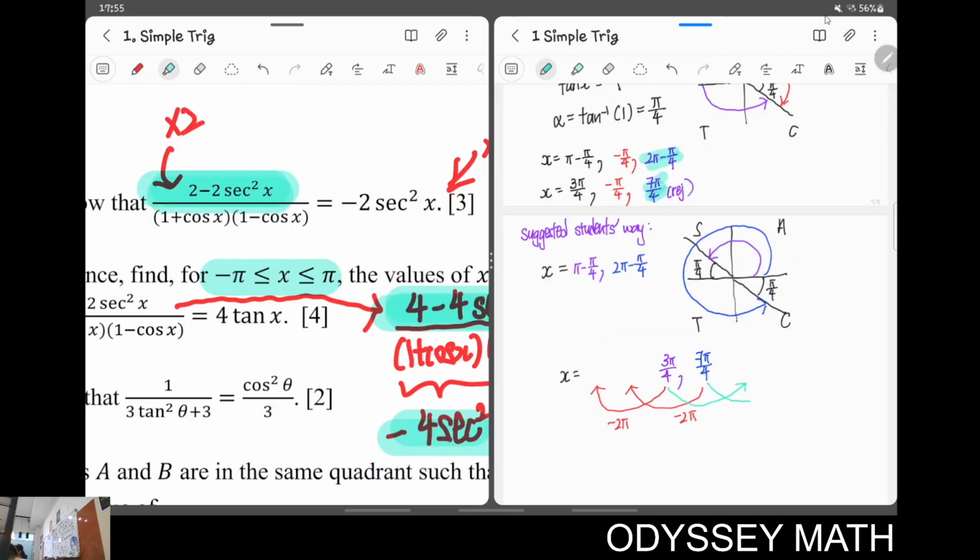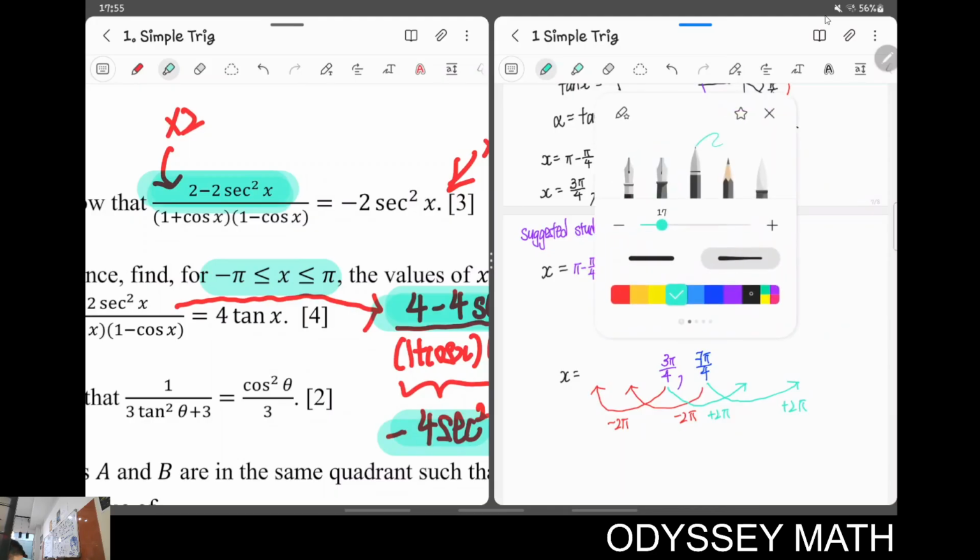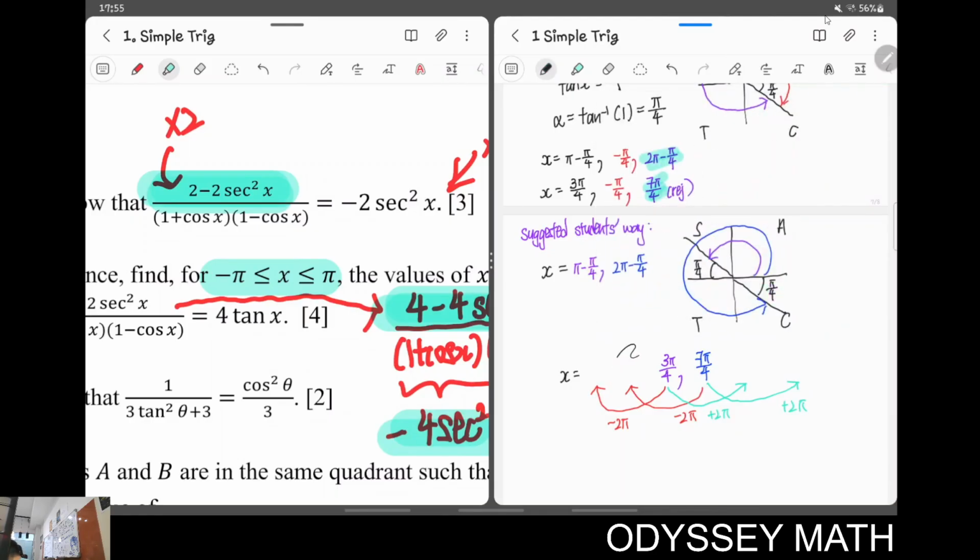If you really don't know what's happening, you add 2 pi in front, because everything is periodic. So this answer here, after minusing 2 pi, would be minus 5 pi over 4. Am I correct? Yes, I'm correct. And then here, 7 pi over 4 minus 2 pi would be minus pi over 4.